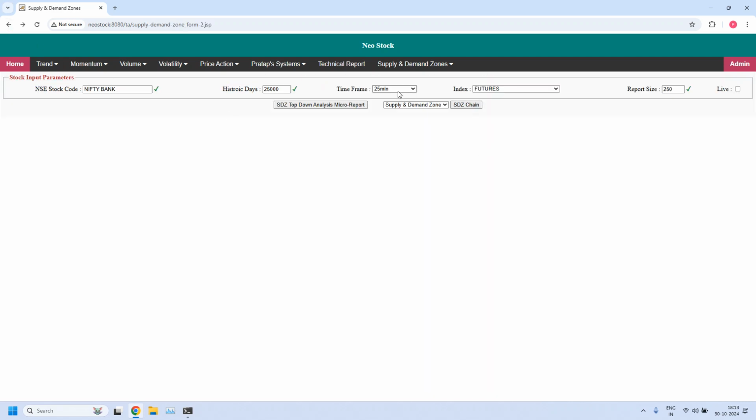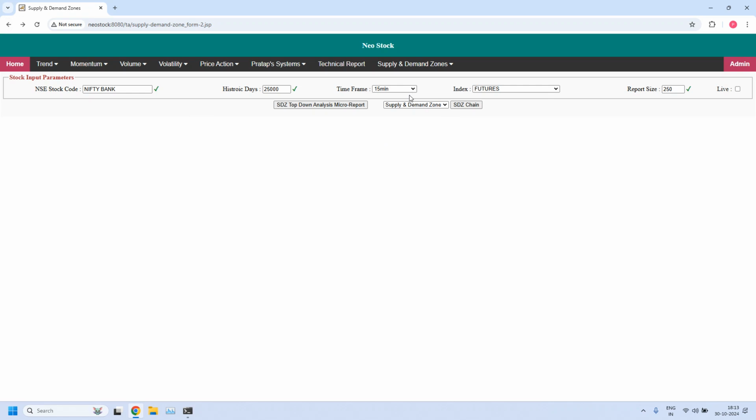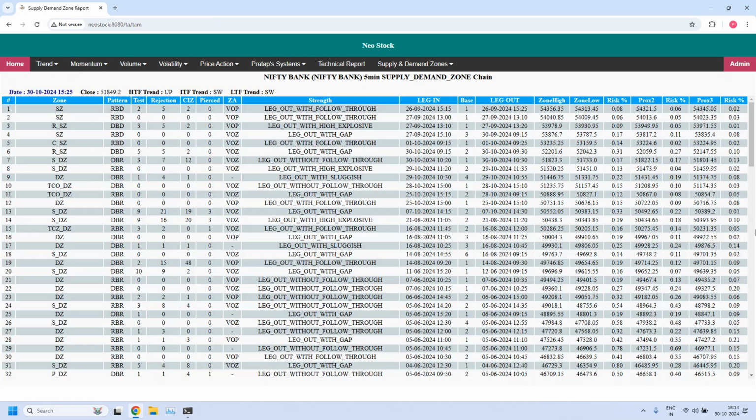Next time frame is 15 minutes and generating 15 minutes supply demand zone chain for Bank Nifty. And the last time frame is 5 minutes, generating 5 minutes supply demand zone chain for Bank Nifty.